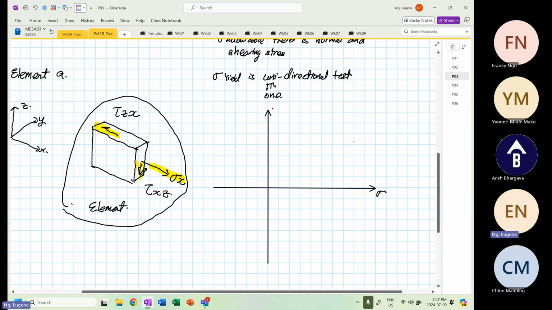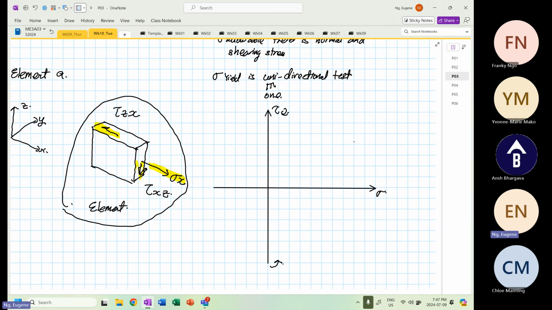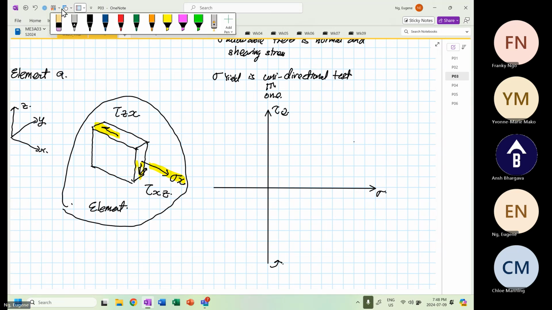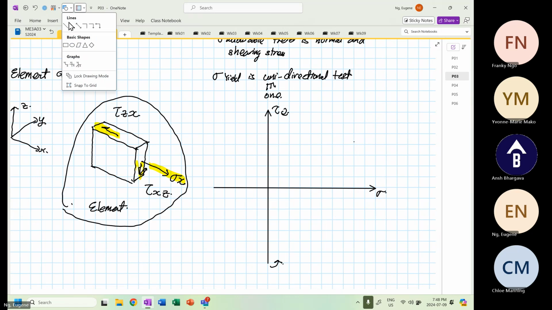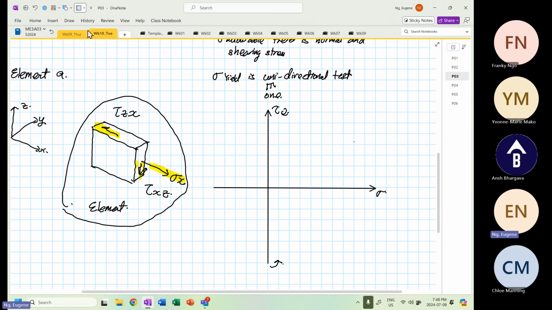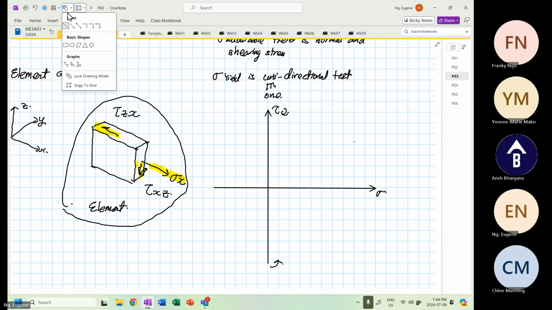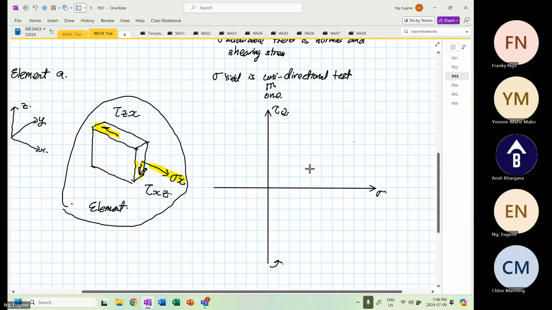So the shearing stress: element rotate clockwise, element rotate anti-clockwise. So if I have to sketch the stress X line, this is where our stress X line is. So it's in tensile.